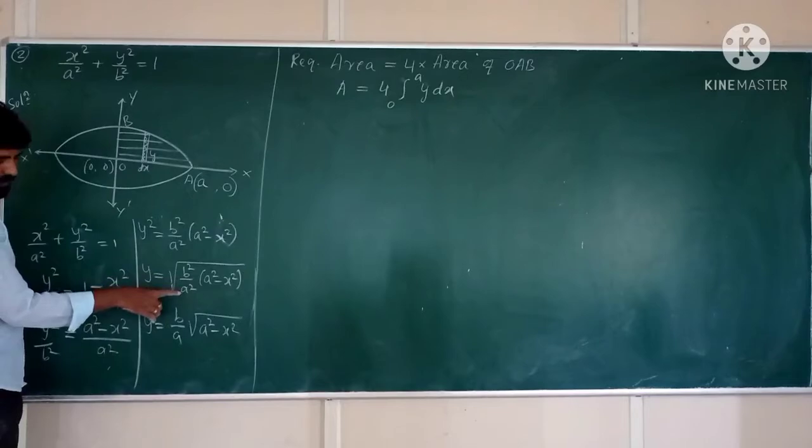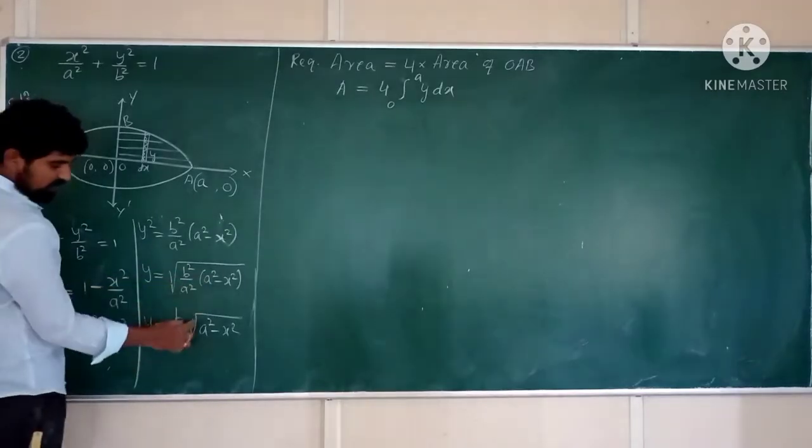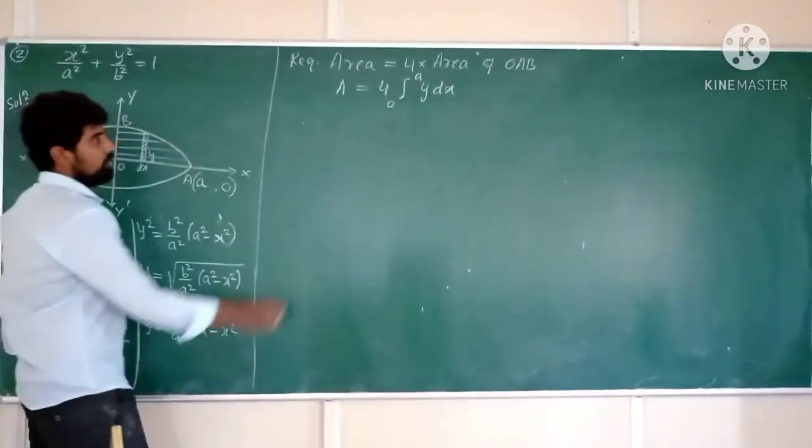Square root of b squared divided by a squared is b by a, into, as it is, the square root of a squared minus x squared.